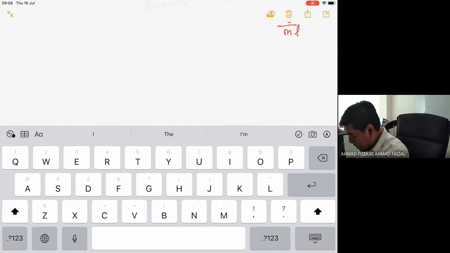Okay. Now, sekejap, takut ada soalan lagi. I think everybody has already understood the concepts of unit conversions.